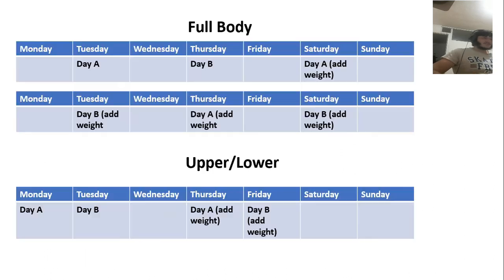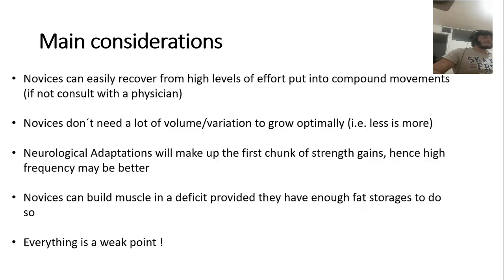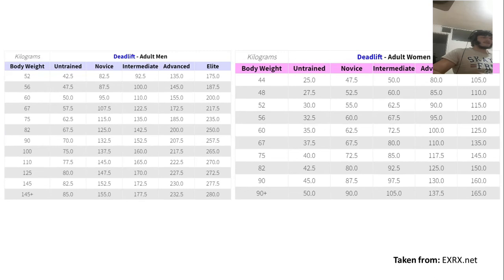If we go back to a chart, let's look at the deadlift, for example. So what if you are, say, 82 kilograms, right? And the intermediate stage is 140 kilograms, 142 and a half, but you are at, say, 120 kilograms.